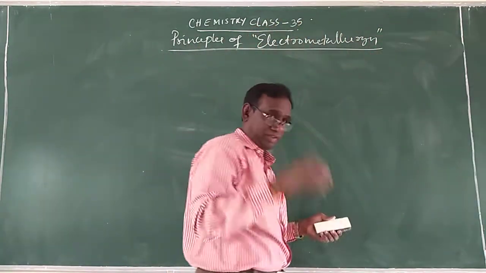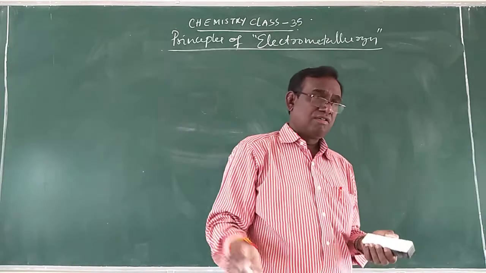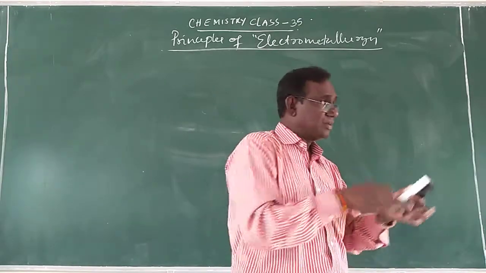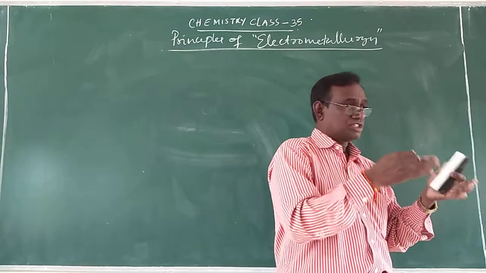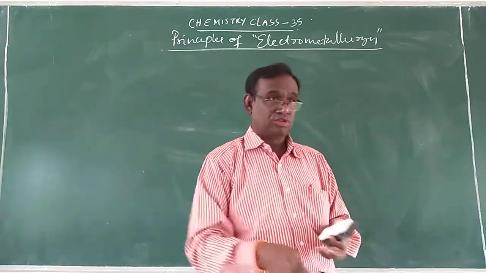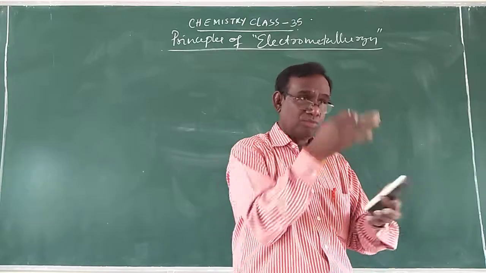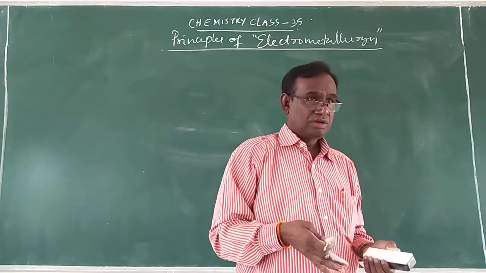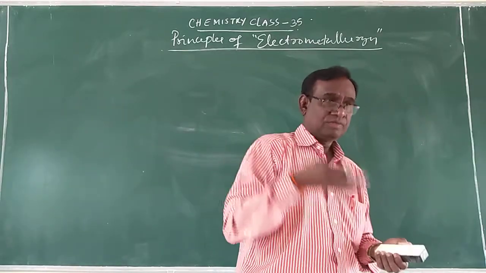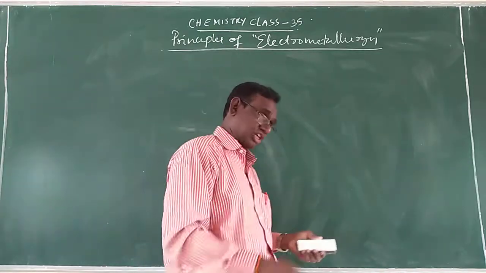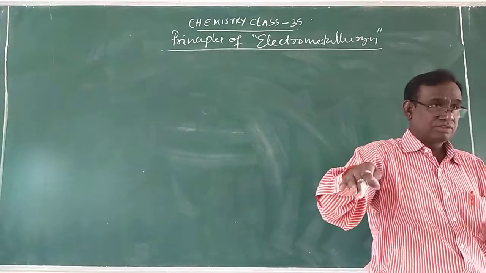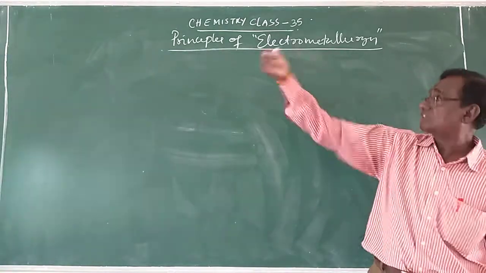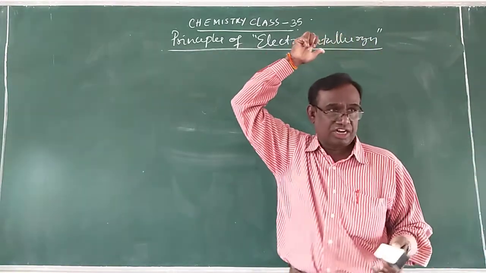Electrometallurgy is a process of extraction of metals from their ores by the process of electrolysis, or electrolytic reduction, by passing electric current into the molten state of the metal salts. So that process of extraction of metals from the molten state of the metal salts by passing electricity is called electrometallurgy.